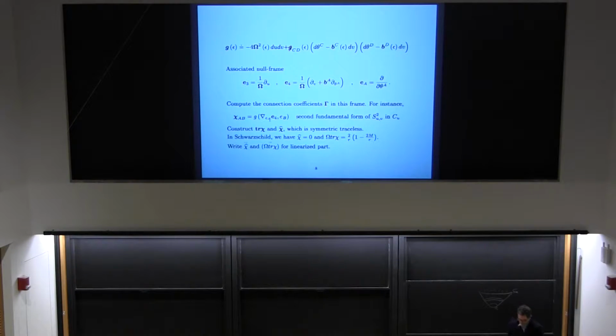And this quantity chi that I've written there is nothing but the second fundamental form of how these spheres sit in the cone C_u. So I construct all these connection coefficients in a geometric fashion, and so this is a symmetric tensor on the sphere. I can decompose it into its trace and its trace-free part.